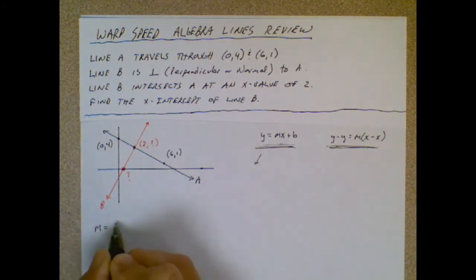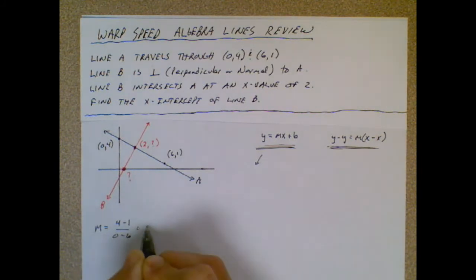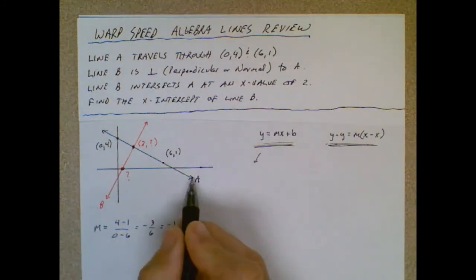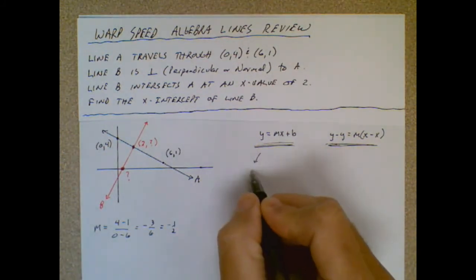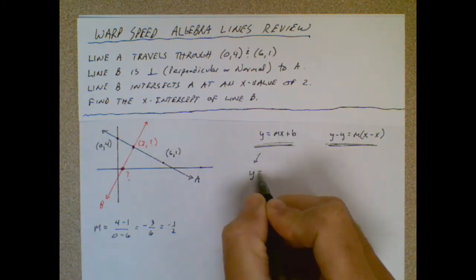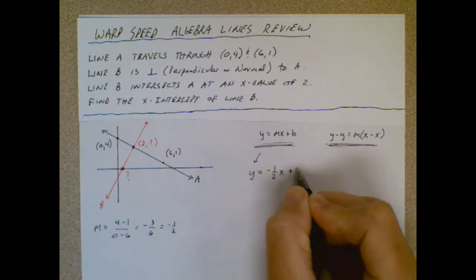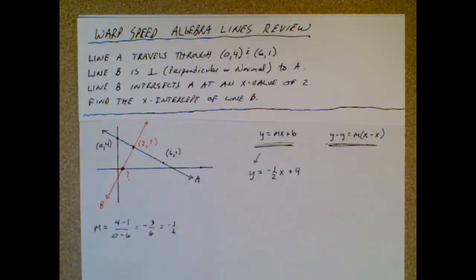Slope is y minus y over x minus x, which is negative 3 over 6. So we have a slope of negative 1/2 for line A. Now I can get the equation of line A by simply saying y equals negative 1/2 x plus 4, because we had the y-intercept of 4 and the slope of negative 1/2. Ta-da, we have it.